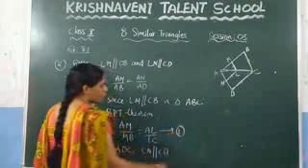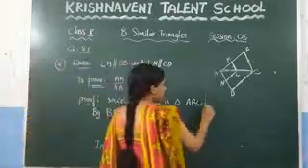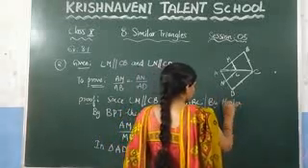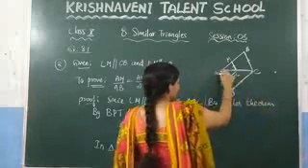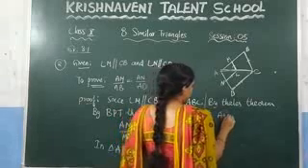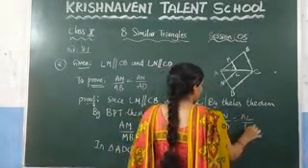And again by the basic proportionality theorem, these two sides are divided into the same ratio. So write it here by Thales theorem: AN by ND is equal to AL by LC.